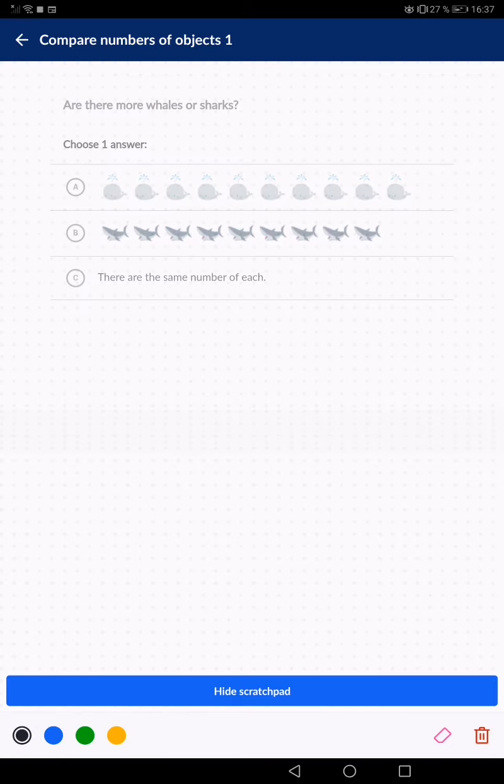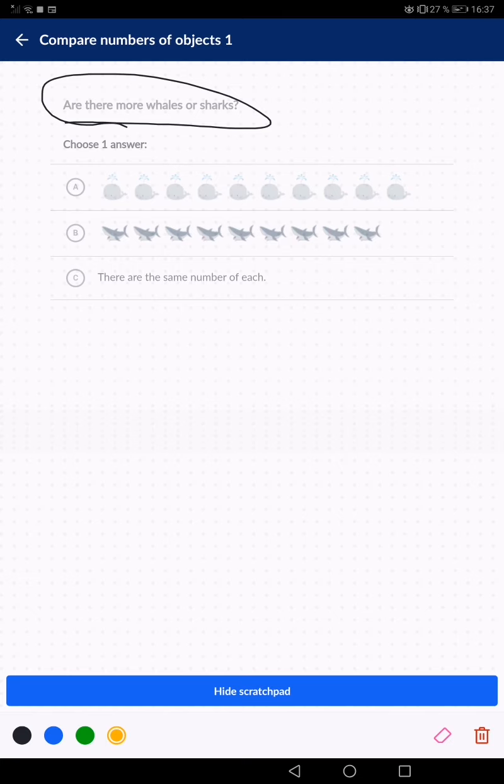Okay. Are there more whales or more sharks? Right, this is a question which is, again, just about what is more and not the relationship between each other. It should be what has more, how many has it, what has less, and how can you find a relationship between them?